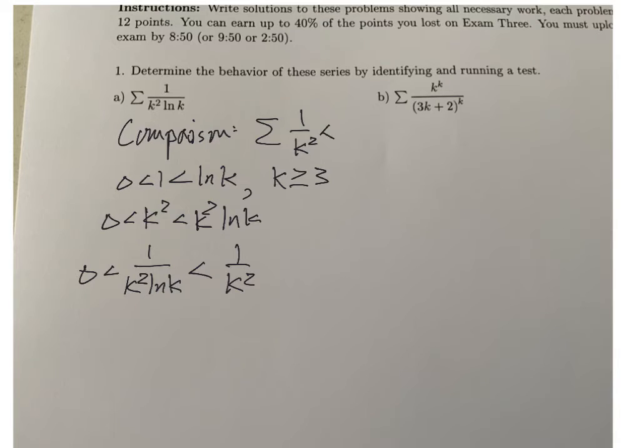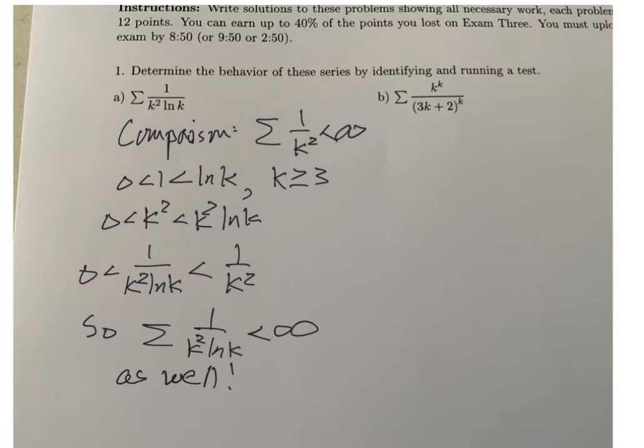This one converges, we know, like I said, and these guys are term by term smaller. So the summation of 1 over k squared ln k converges as well. Okay, that's the comparison test. Pause if you need to look it over.